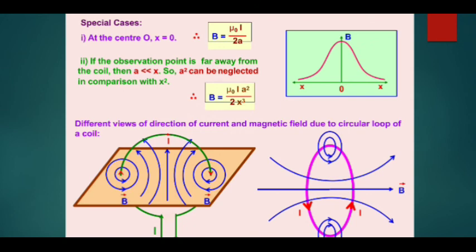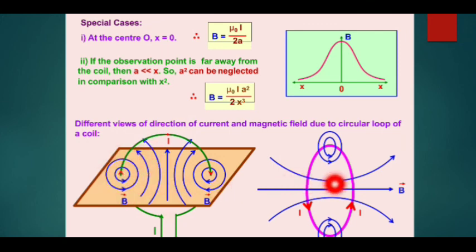And just for understanding purposes, here are different views of the direction of current and magnetic field due to the circular loop coil. See this: the current is entering this coil from this direction, bottom to top, and the current direction goes around the coil.